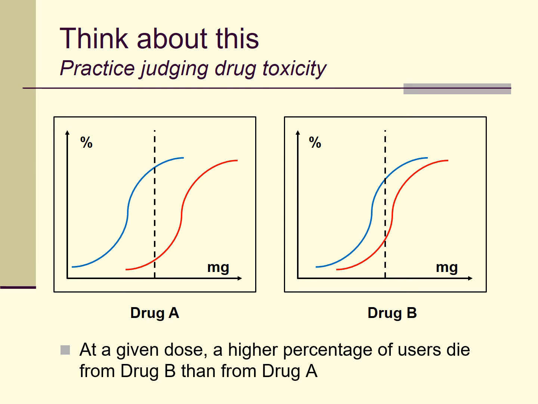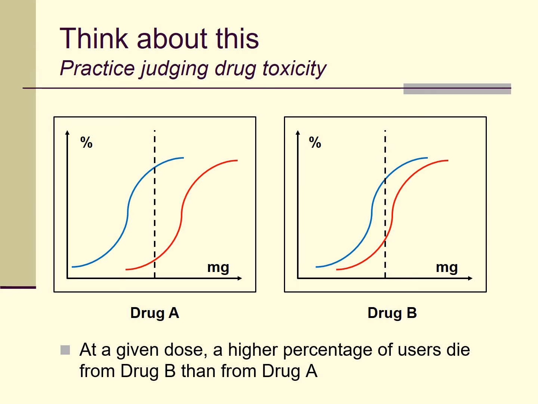At the same point for drug B, again, let's imagine it's 50 milligrams, about the same percentage of people are getting the desired effect. The blue lines in each graph are about the same height, but you can see in the case of drug B, the red line is shifted closer, such that at that same dose, a relatively higher percentage of people for drug B are dying.